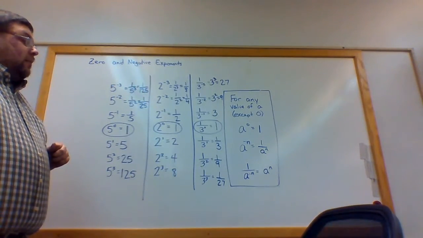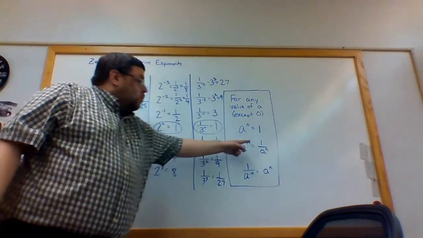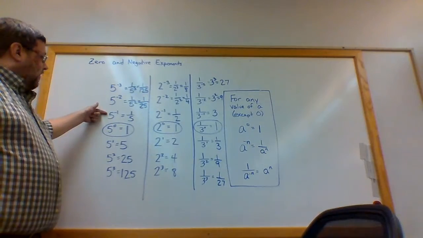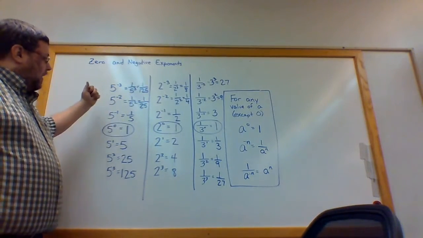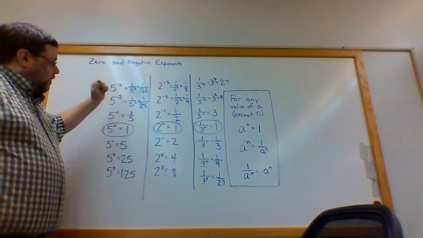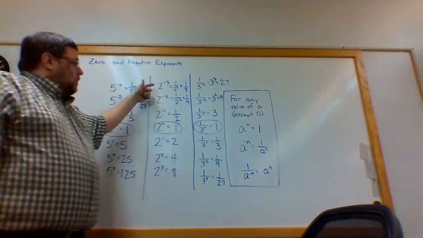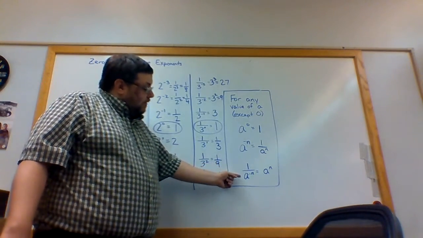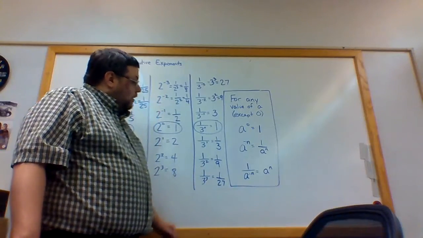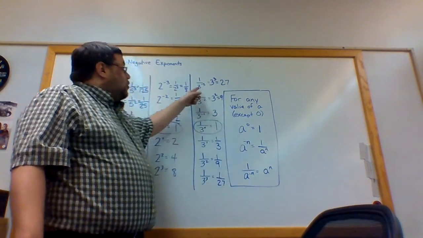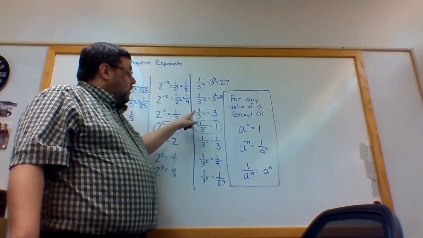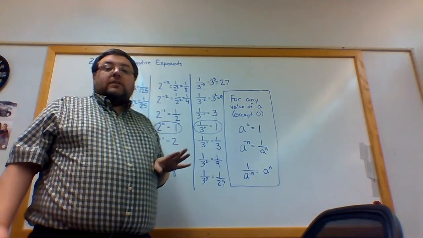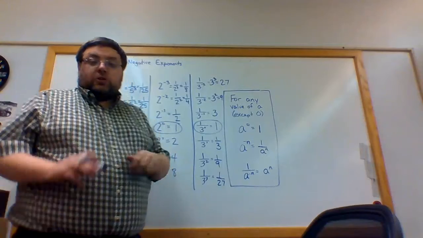A to the negative n power is 1 over a to the n. So when I did 5 to the negative 1st power, that's 1 over 5. 5 to the negative 2nd power, 1 over 5 squared. Same thing worked with the 2. This one shows us what happens if that negative power was already on the bottom, and that effectively moved it to the top, which we were seeing happening with these problems over here. So that's a quick review of what 0 exponents and negative exponents do to numbers.